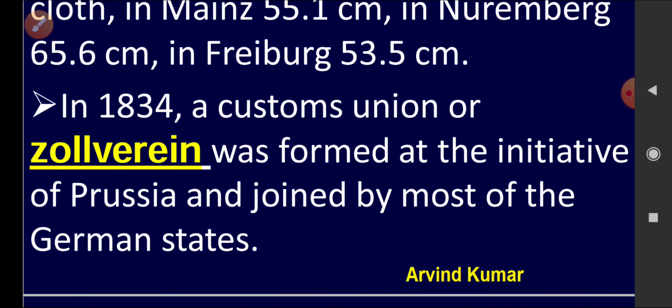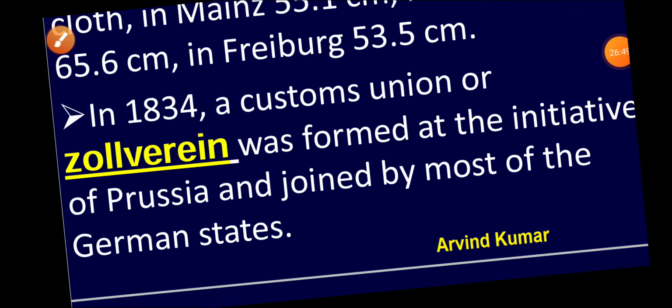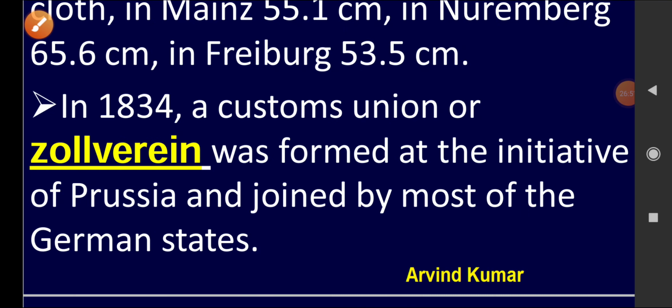Another terminology is Zollverein. Zollverein refers to a customs union. In the 19th century, most of the European states had their different customs unions. They collected different taxes on the border areas. There was no fixed tax at one place.